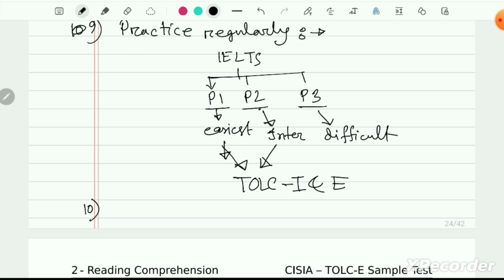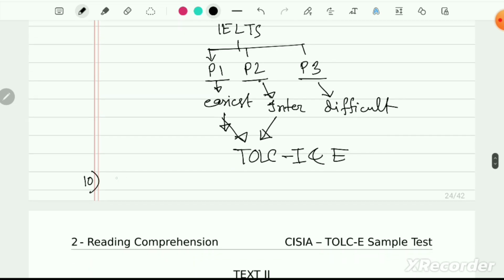Number 10, review your mistakes. This is a very important point you should pay attention to, because I have seen many students who are good, they make mistakes, but the problem is they do not actually review their mistakes. This is very important, because if you review the mistakes, you come to know the problems, or what you did or how you understood differently.